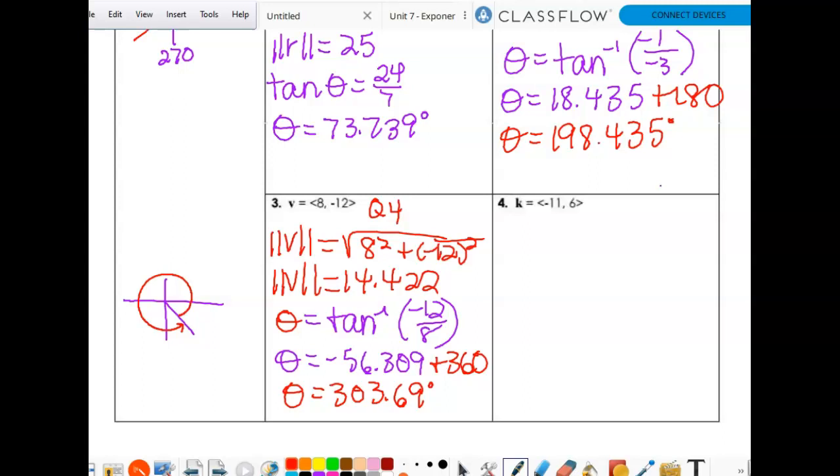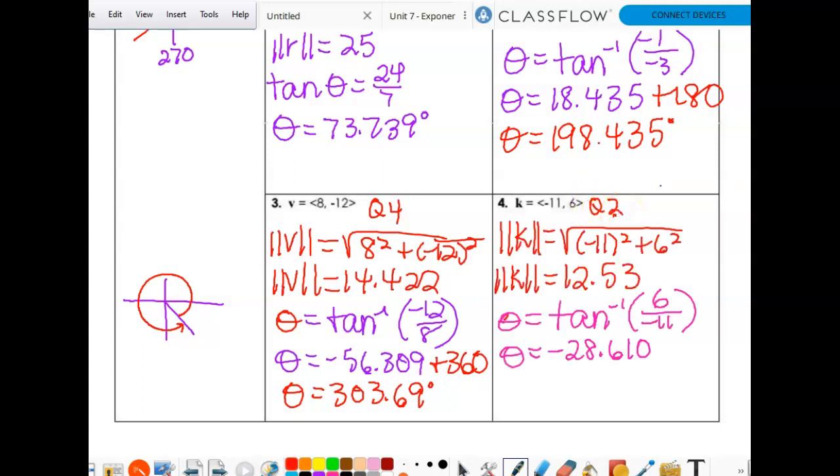Which quadrant? Negative x, positive y. This is the second quadrant. Okay, everybody get it? I assume everybody got the magnitude, okay? And then the inverse tangent, you should have come up with negative 28.610.